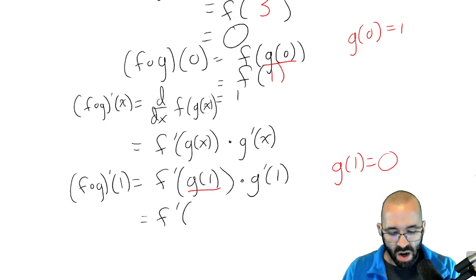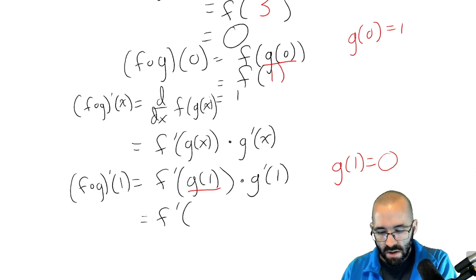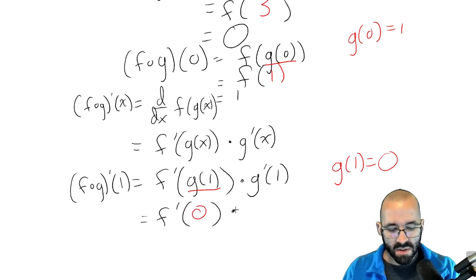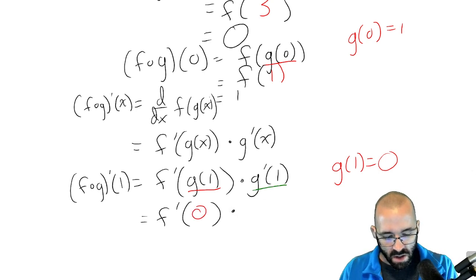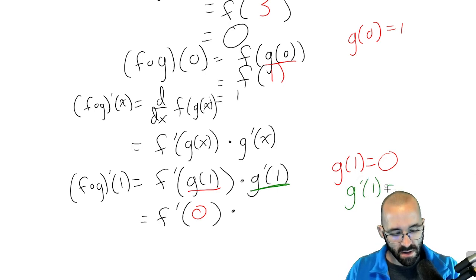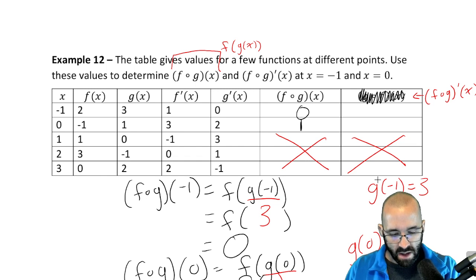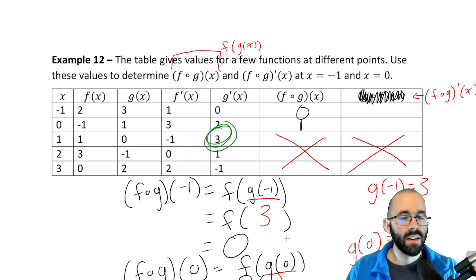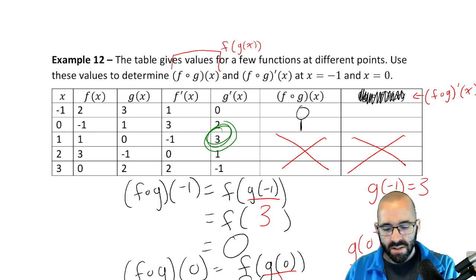So we now have f prime of 0 times, oh, well, what's g prime of 1? We know that. G prime, when our input is 1, is 3.